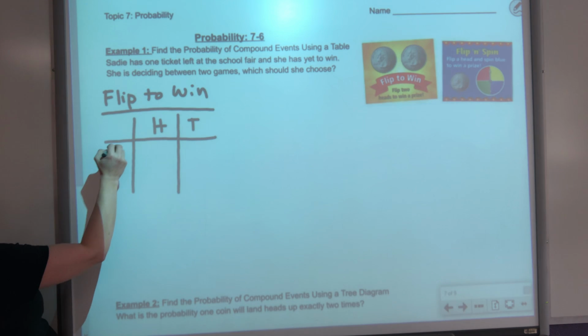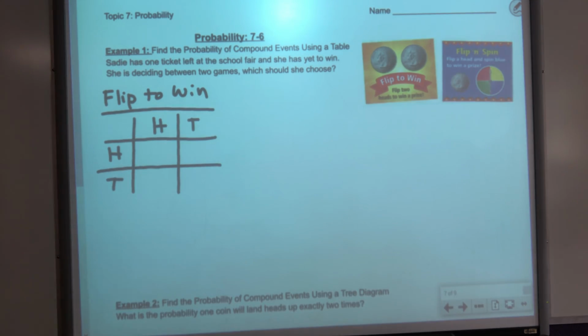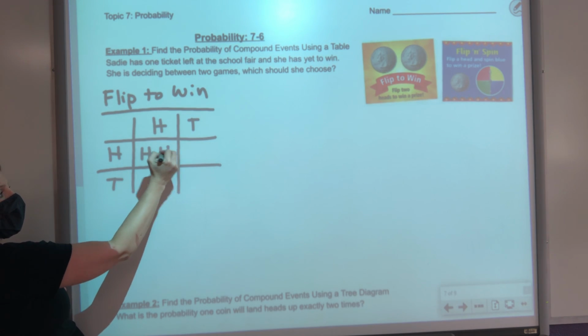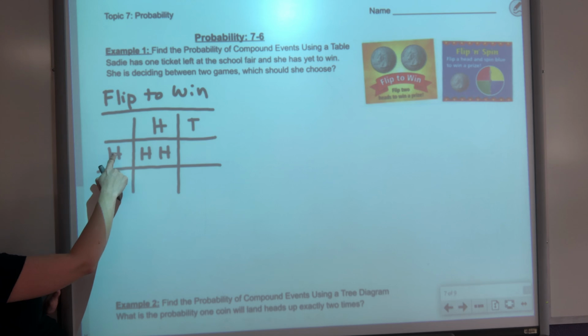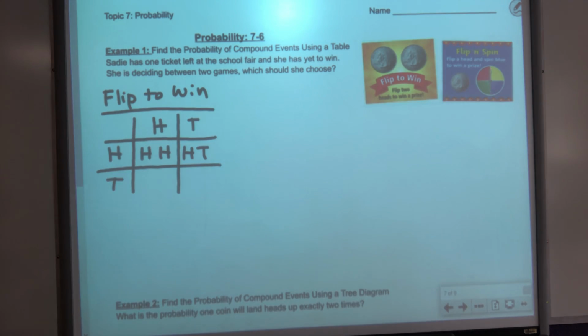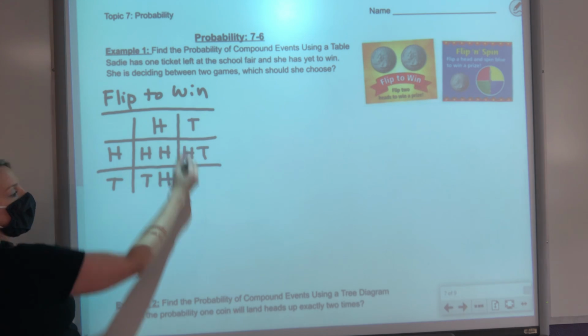Event 2, we can also get a heads or a tails. So we can get heads, heads, or we can go heads, tails. Then we can go tails, heads, or we can go tails, tails.